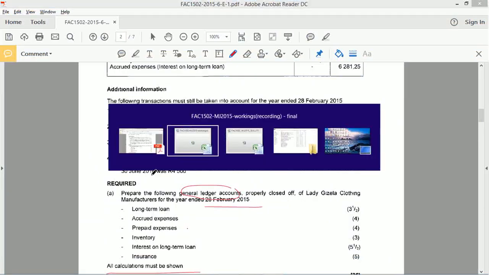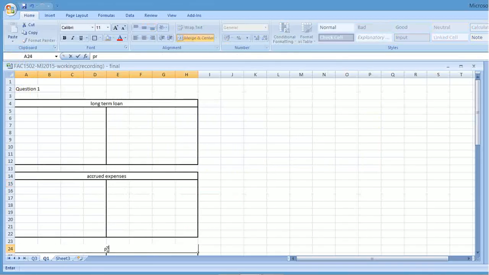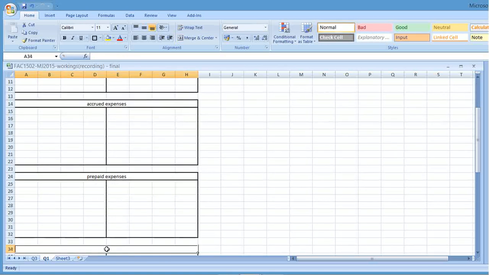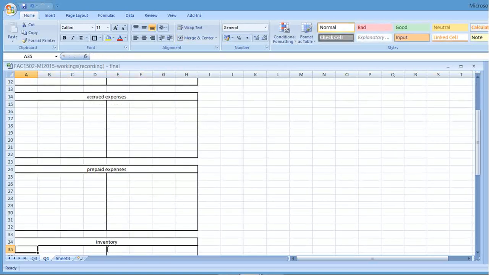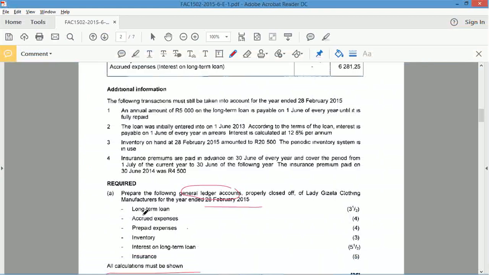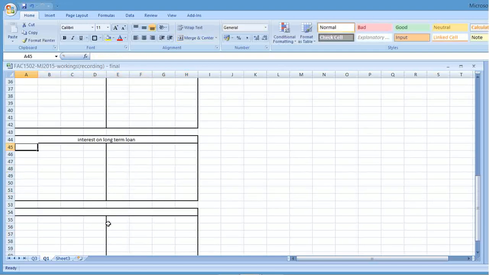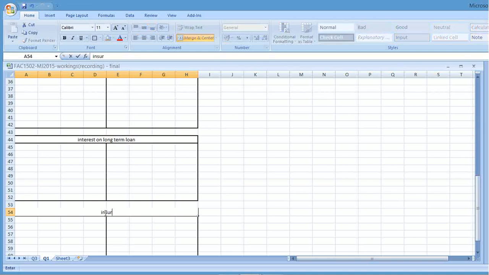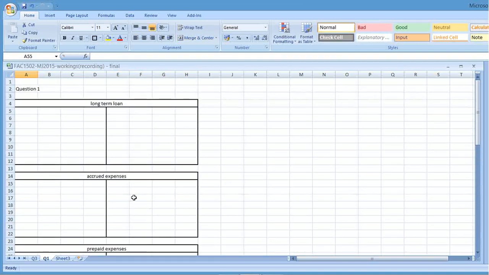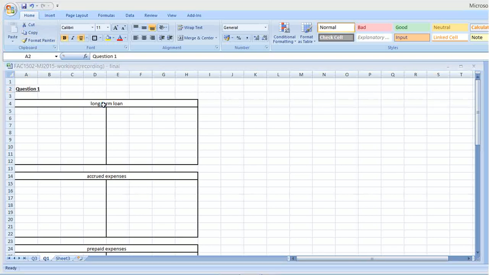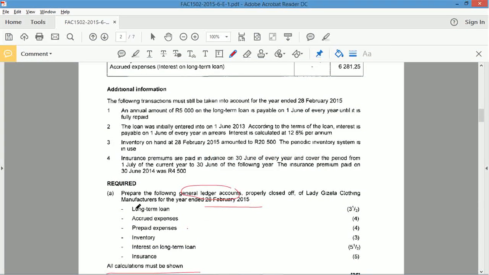Accrued expenses, prepaid expenses, inventory. Interest on long-term loan, insurance. And that's it. You've got all 6 accounts.